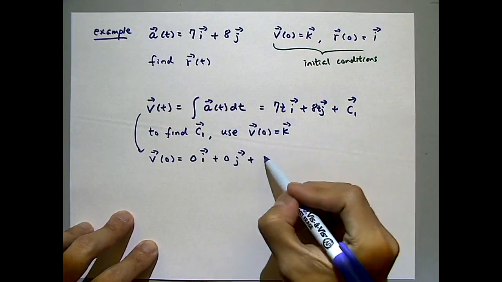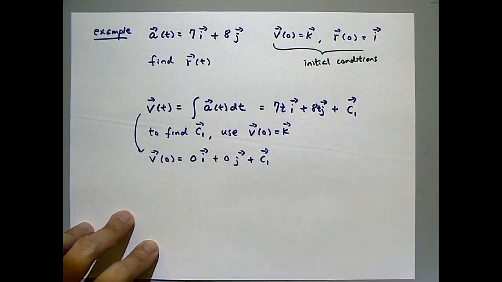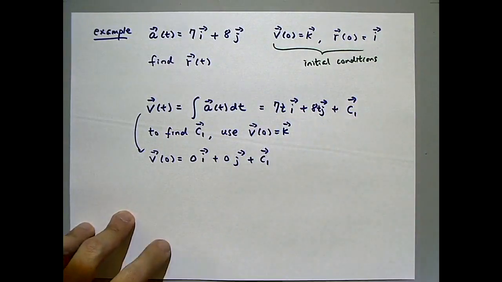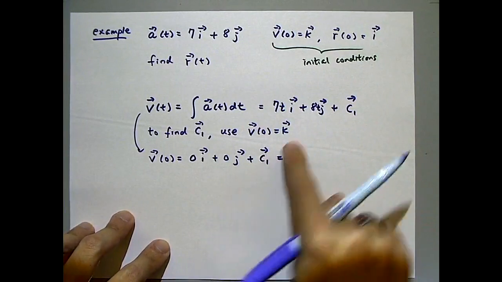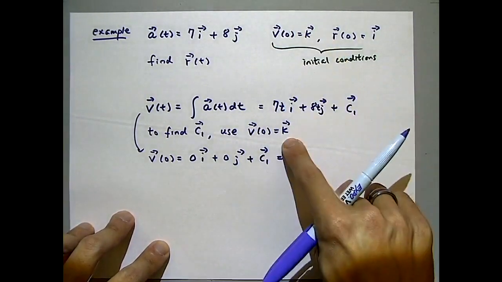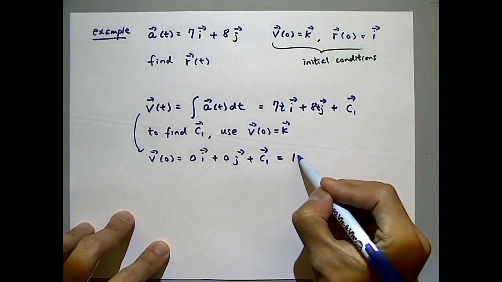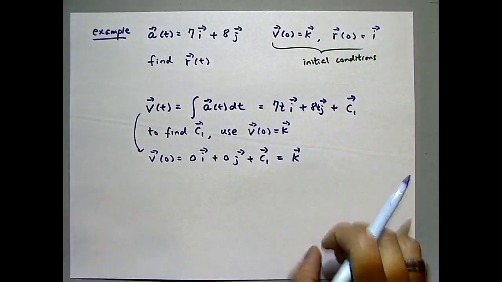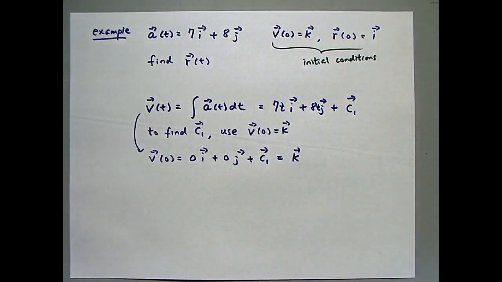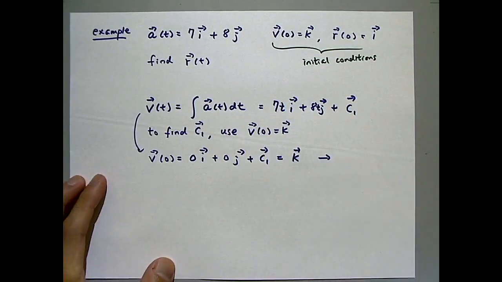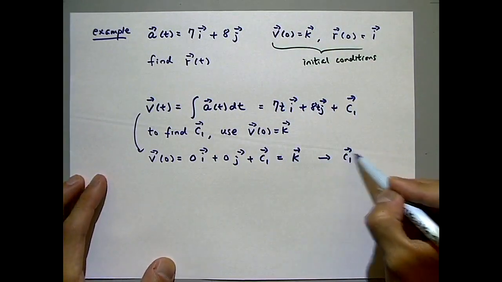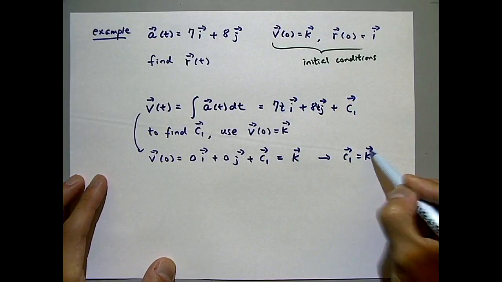I don't know what it is yet, but I know it's a constant. It doesn't depend on time. And now I also know from the provided condition that this is equal to k. And here it seems very obvious that c1 must be equal to k, right?